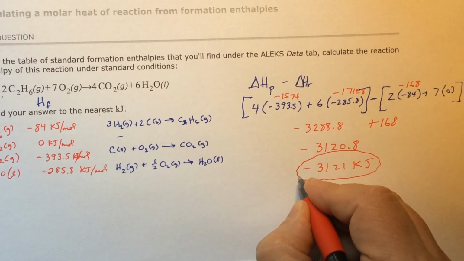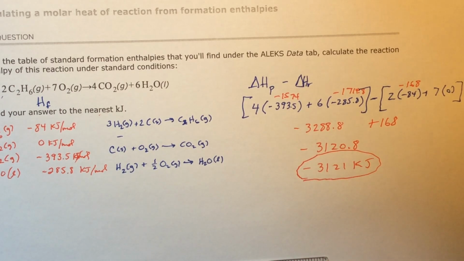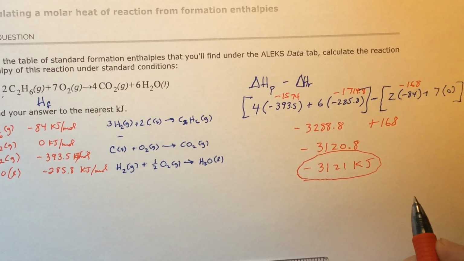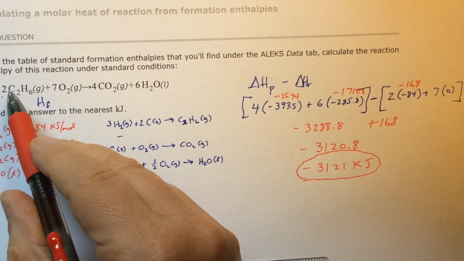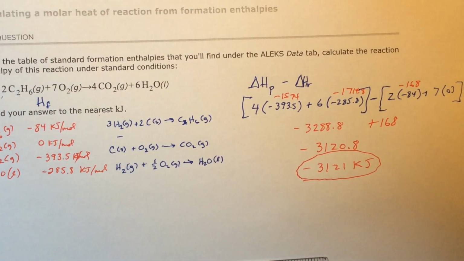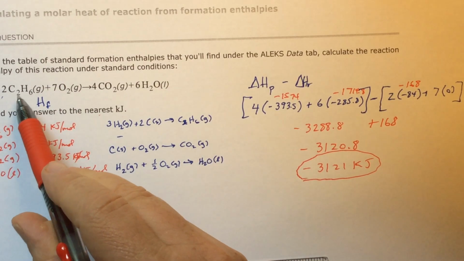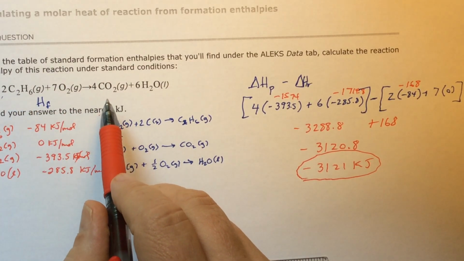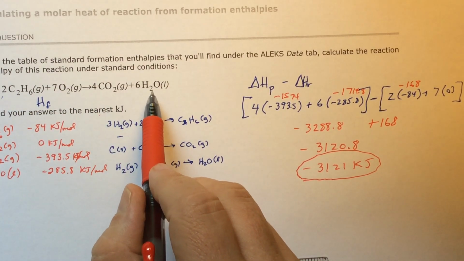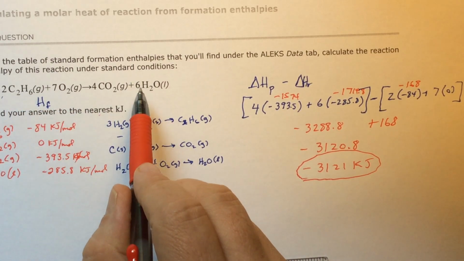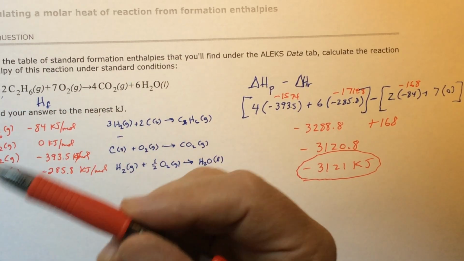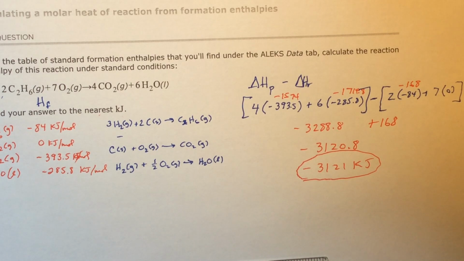Okay. So what they're saying is how much energy was released or absorbed when you take ethane and burn it in air. Okay. Well, ethane has tons of energy. Water has less energy, so when it turns into this stuff, you're going to lose energy. That's why you burn it. You're burning it for energy, right?